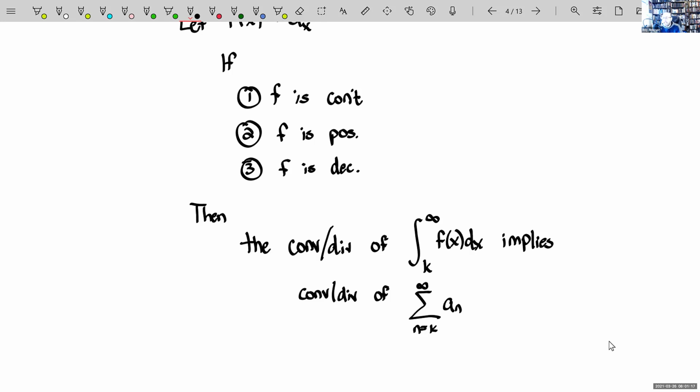So basically, instead of evaluating the series, I could just look at the improper integral version of that series, essentially.